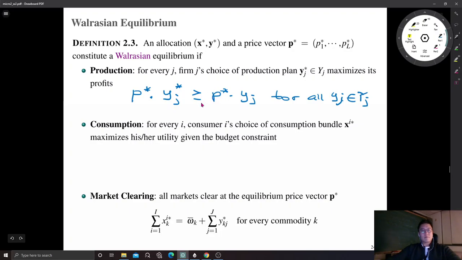Okay. So the chosen production plan, the equilibrium allocation for firm j, has to maximize firm j's profit at this equilibrium price. So at given p star, y j star should maximize firm j's profit.